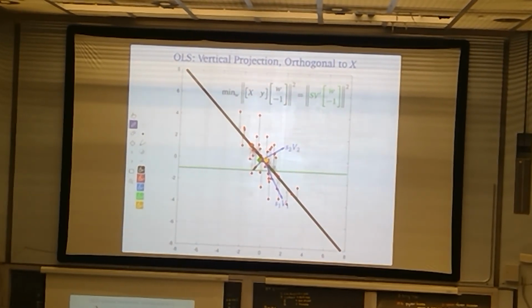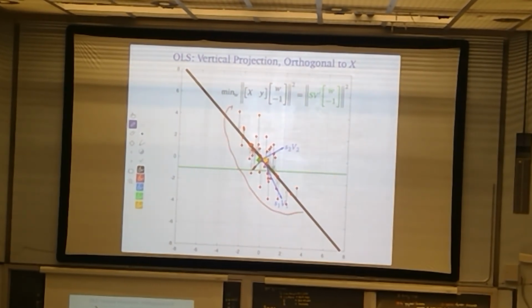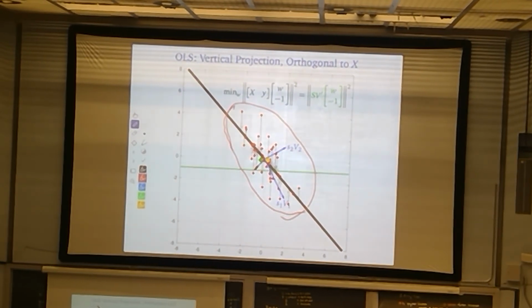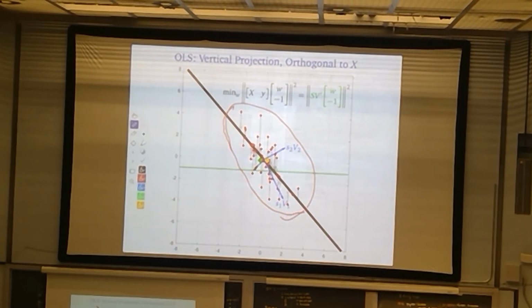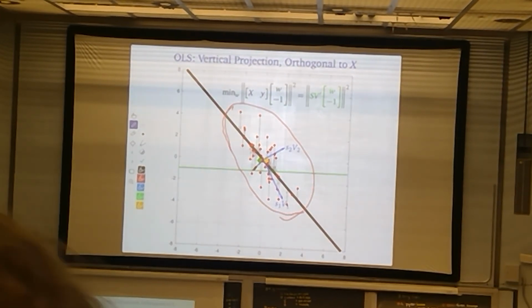On the other hand, for OLS, again, I have this ellipse. Sorry, it's a bad ellipse, but the blue axes are the calculated long axis and short axis, the major and minor axes of this point cloud. What does this mean? First of all, this is just a vector in this 2D plane.